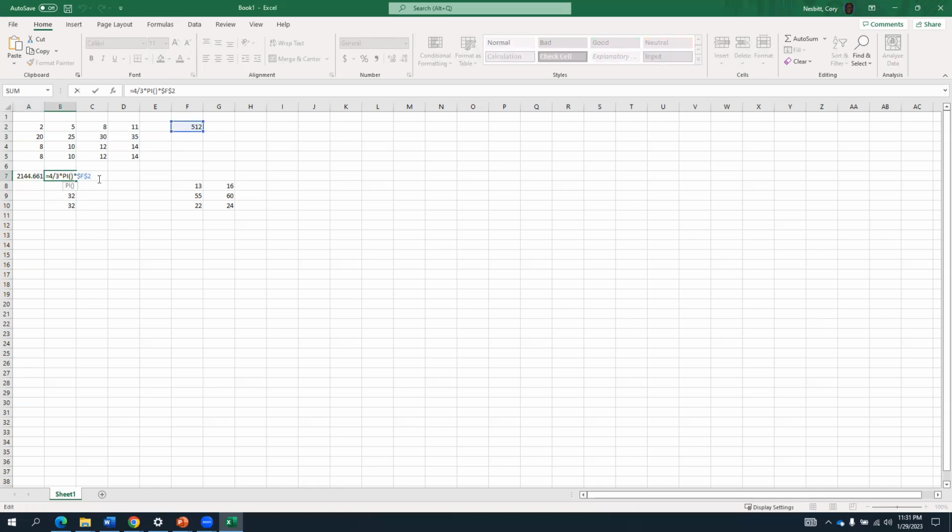I'm holding F2 constant, holding this cell constant. See if I go down, it's going to be the same. Why is it the same? Because all of these are constants. 4/3 is a constant, pi is a constant, and then F2, I'm holding it constant.